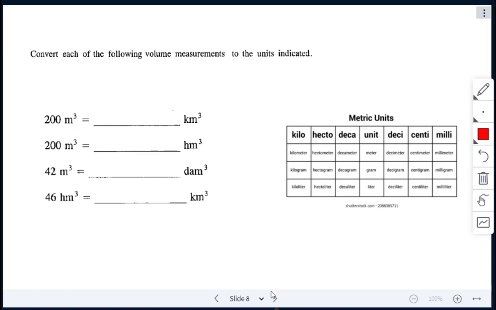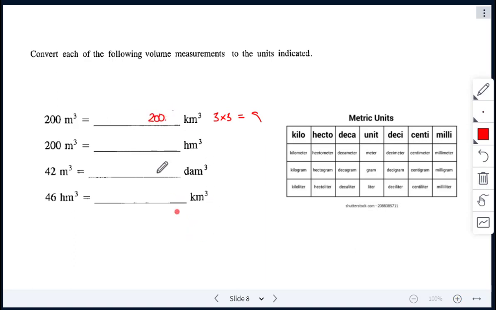So if we're going from meters, first example is meters to kilometers. So here's our meters and kilometers. It's 1, 2, 3, 3 decimal places. But we have to triple that. So it's actually going to be 9 decimal places. So here's the 200. Current decimal place is right there.